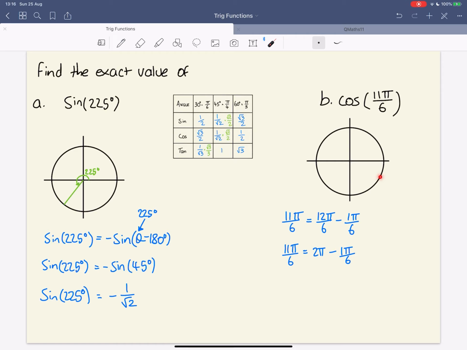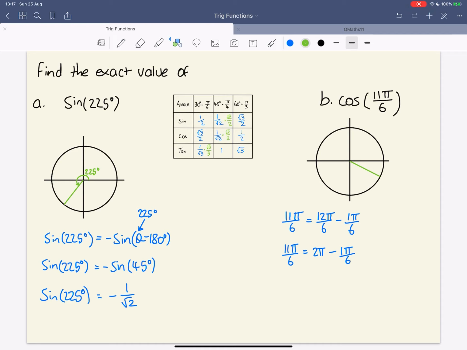Now, I know pi on 6 is 180 divided by 6, which is 30. So I'm going like this. 2 pi, take away 30 degrees, or pi on 6. So I'm going to roughly be here. And I'm going to estimate that. Here we go. I'll draw an angle. Let's use our straight edge.